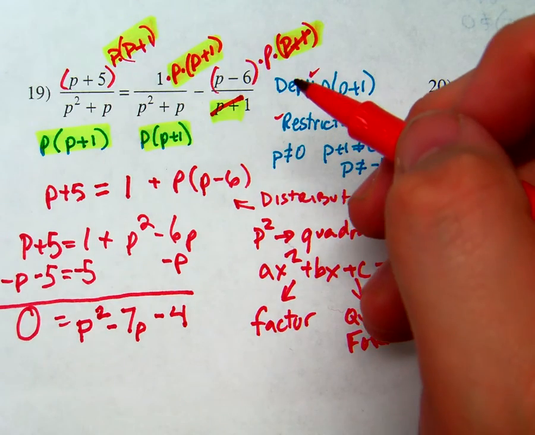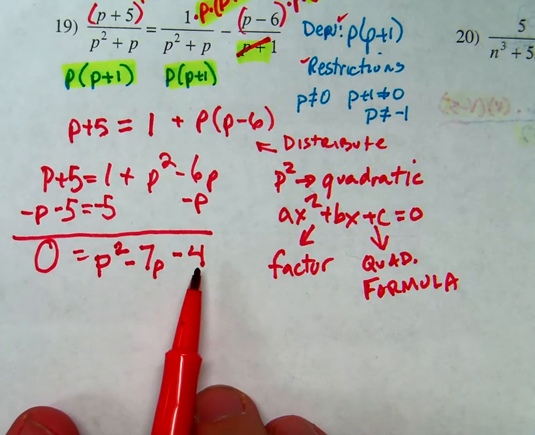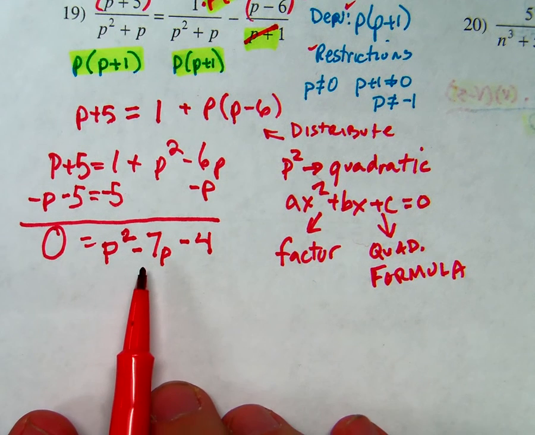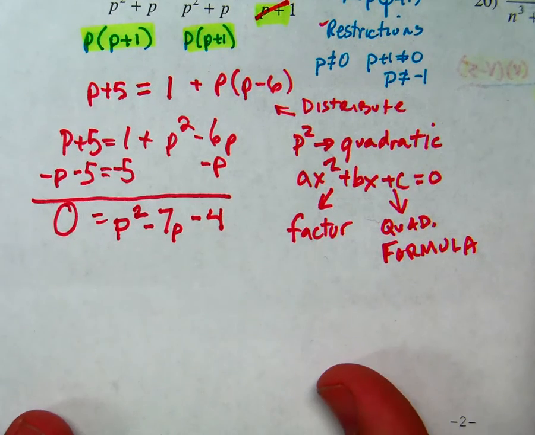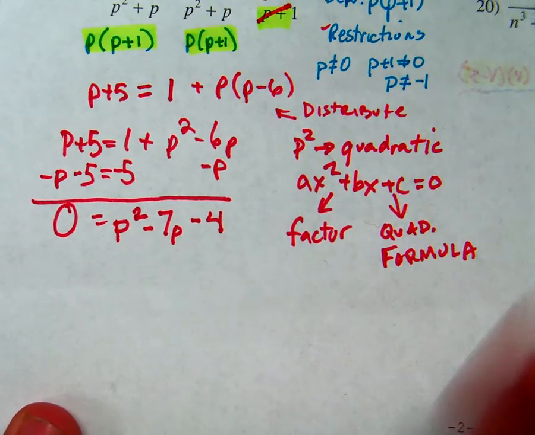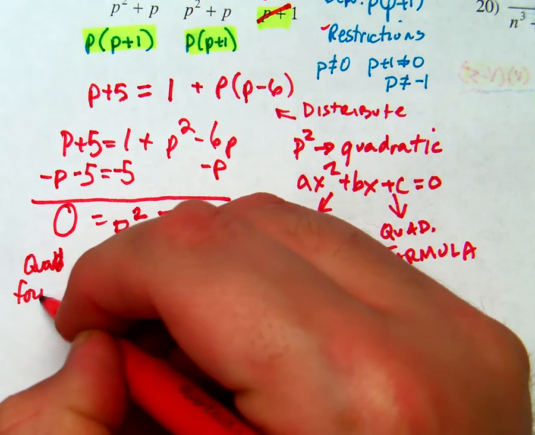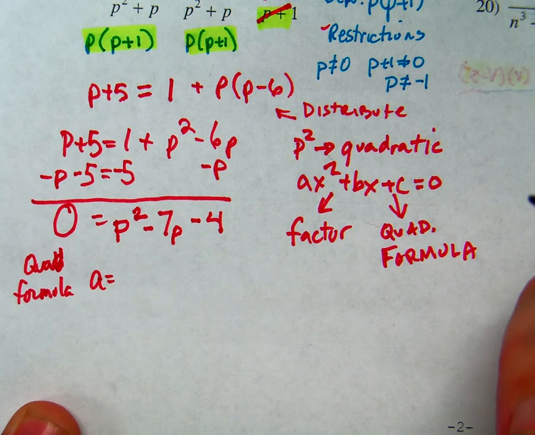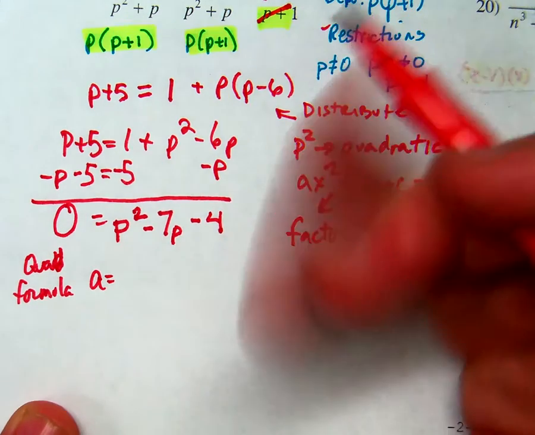All right, now looking at this. Can I find two numbers that multiply to negative 4 and add up to negative 7? No. So I can't factor it, so I have to use the quadratic formula. A is 1, right?